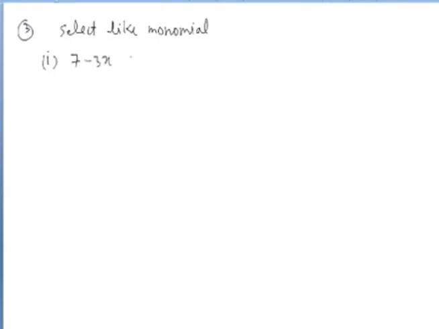Like terms are those where the variables have similar powers. So here 7 and 8 are the like terms, because the degree of these terms is 0 in both. So the like terms are 7 and 8.